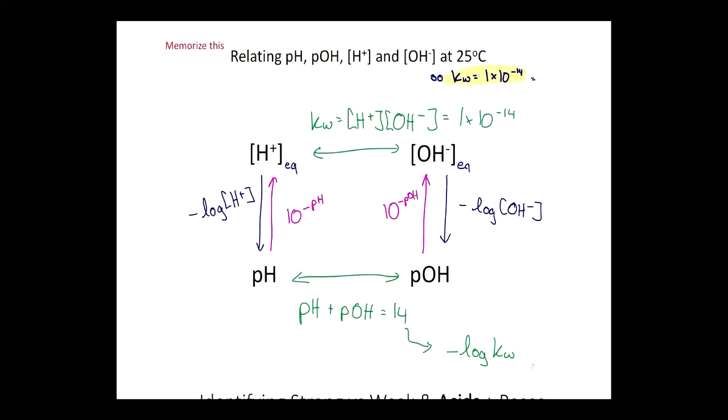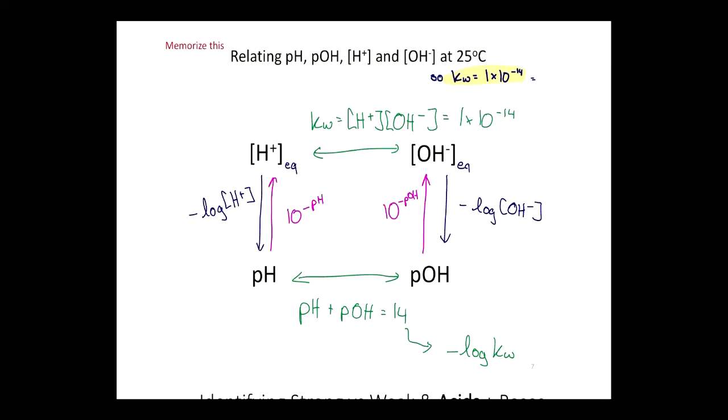All right, so this is a very important concept. The reason I call it the magic square is because if you just know one corner of this square, just one corner, you actually know every single variable within it. If I give you the H+ concentration, you can tell me pH, you can tell me pOH, you can tell me hydroxide concentration. If I give you hydroxide concentration, you can fill in the rest of the square.